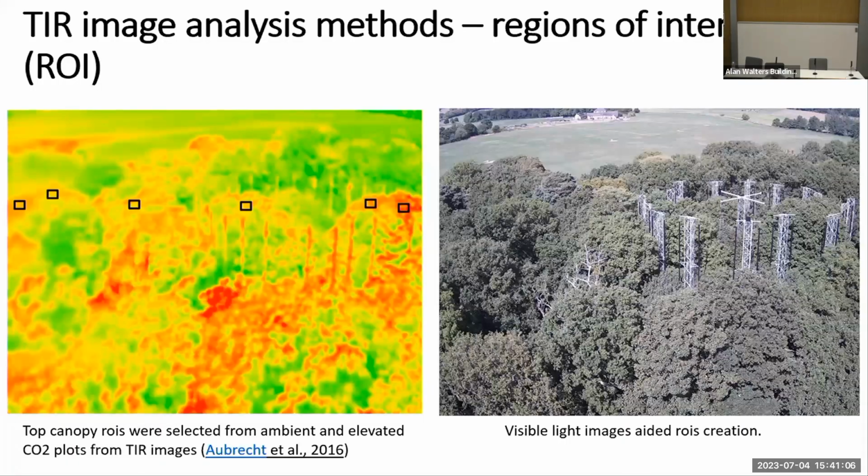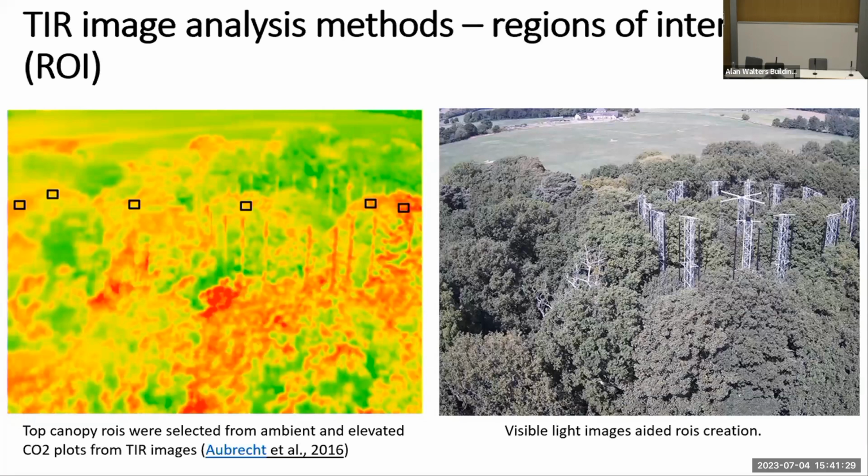Now, with the workflow for the analysis, we download the data from the camera, and then we transform them in GIS and then R. We select regions of interest within the ambient patch and also within the treatment patches.